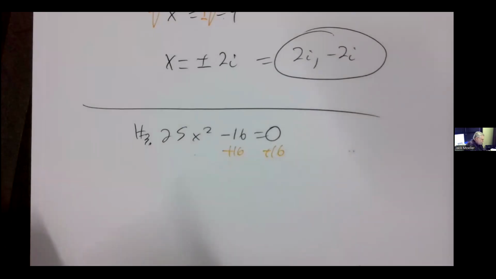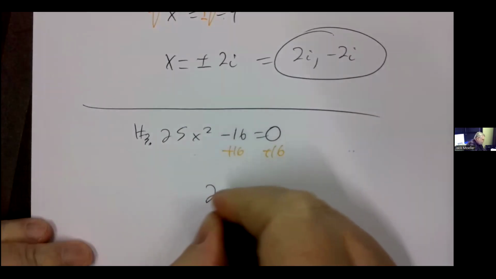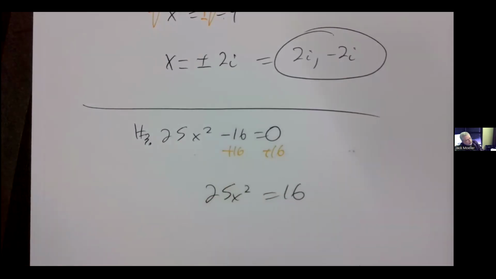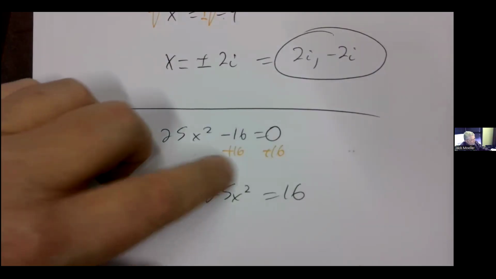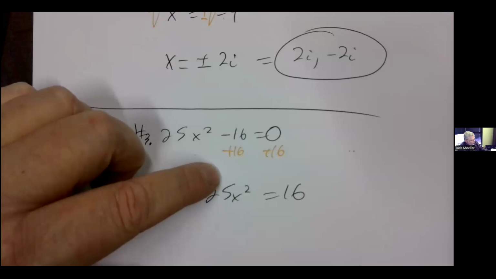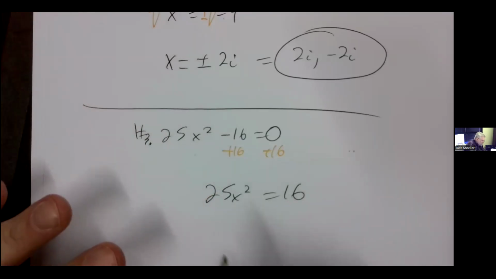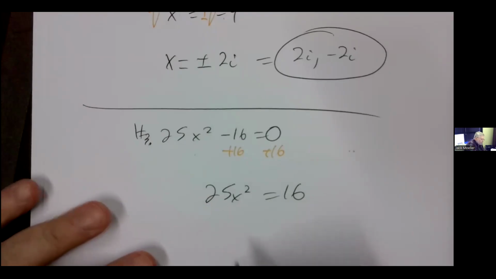Add 16 to both sides. 25x squared equals 16. Now, theoretically, you could take the square root of both sides right now, but then how do you deal with the square root of the number in front of the x squared? That can get messy. That's why you should always isolate your squared term before you take the square root.